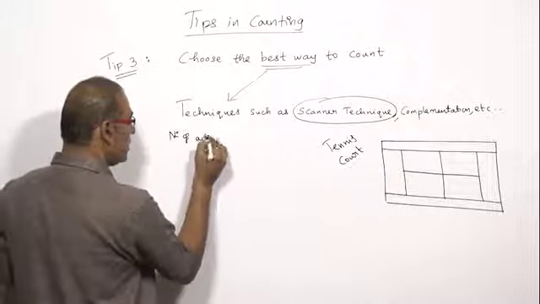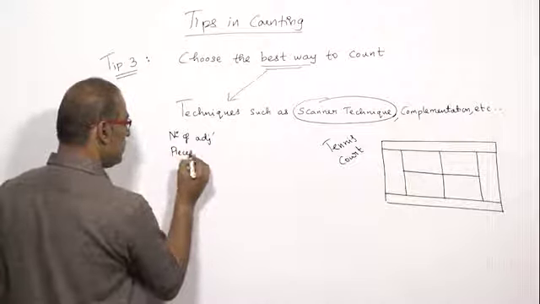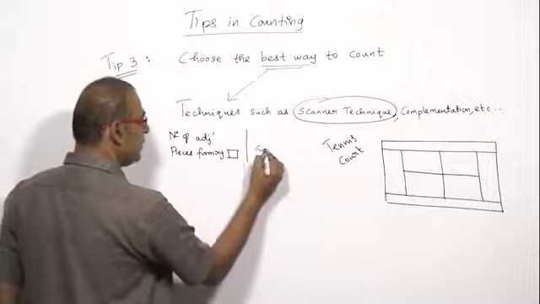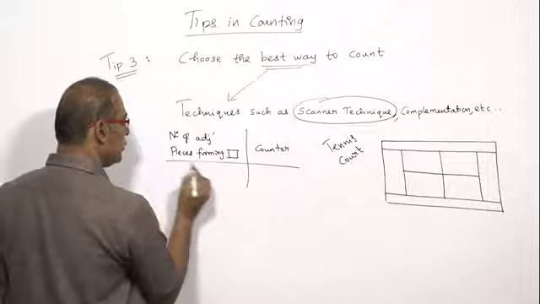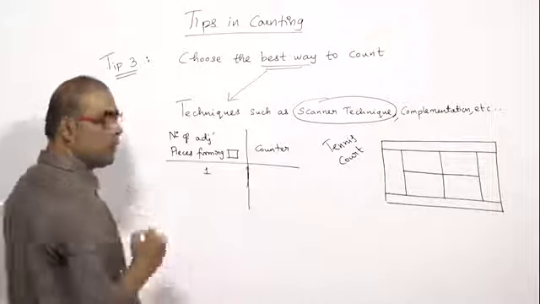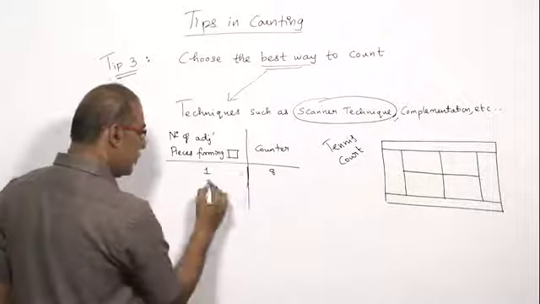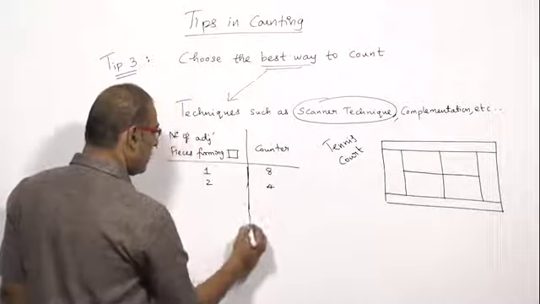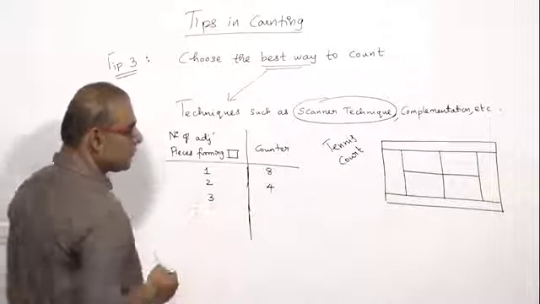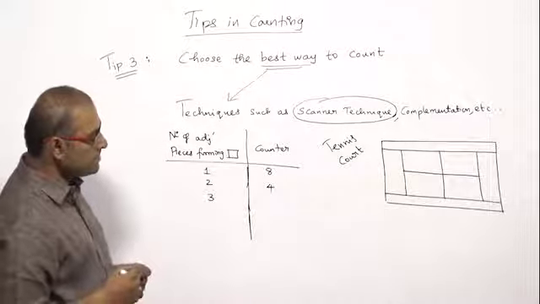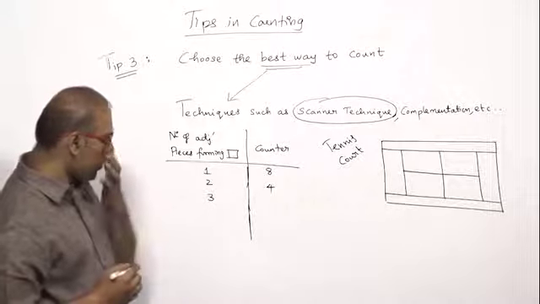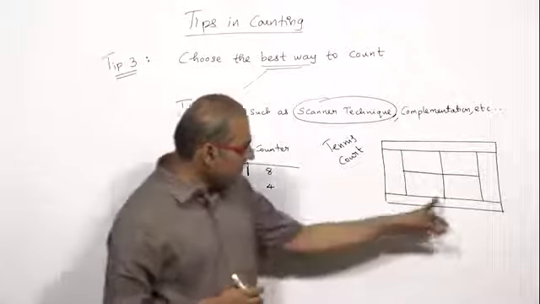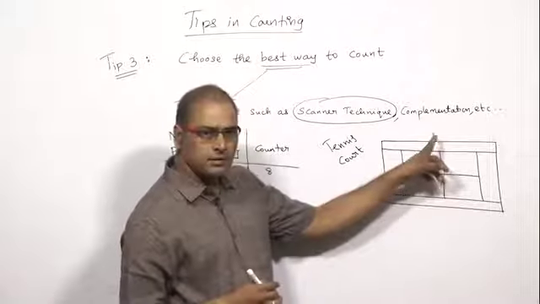So number of adjacent pieces forming a rectangle, right? There is a counter. So if you are going to use one piece, how many rectangles? 8. For 2, okay, 4. Then for 3, first of all, will there be an extension like this in this court?